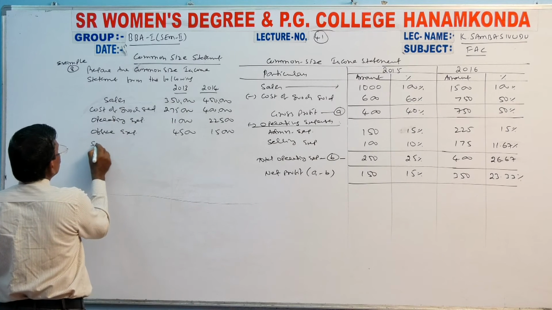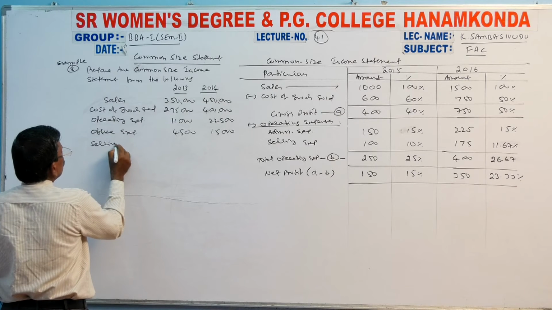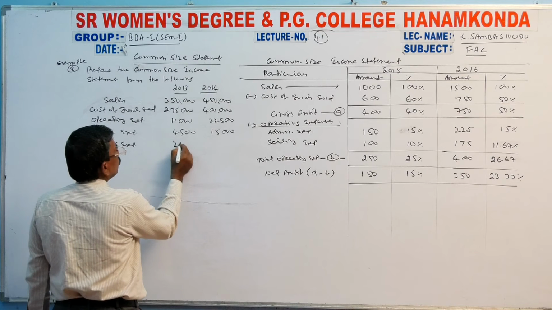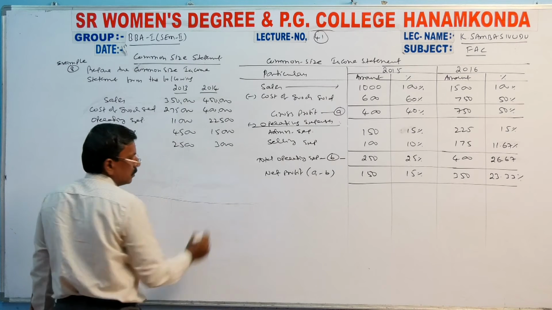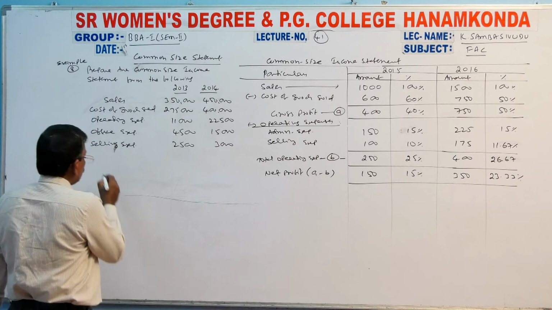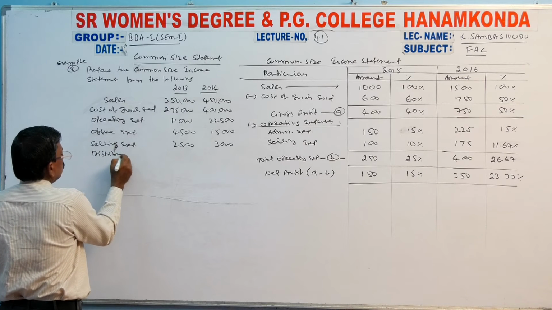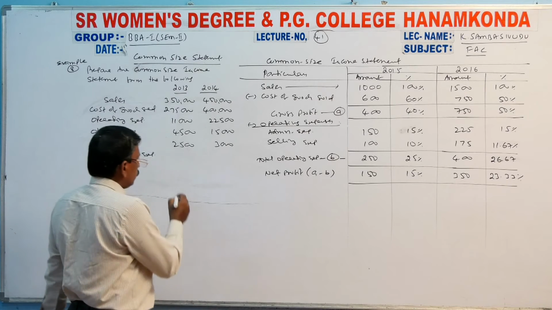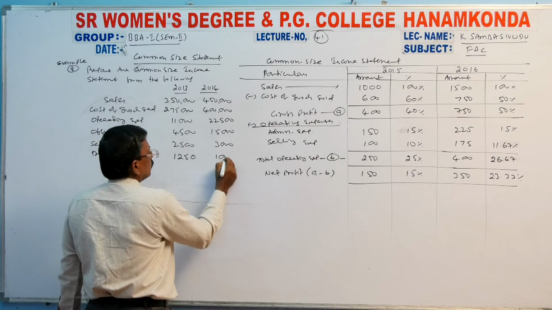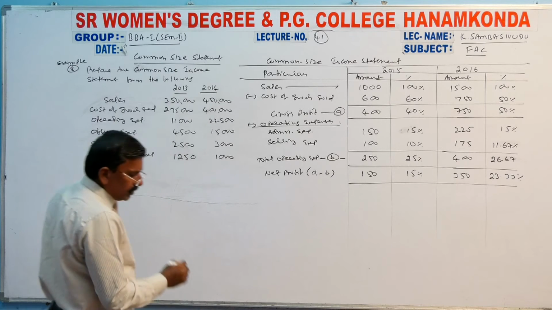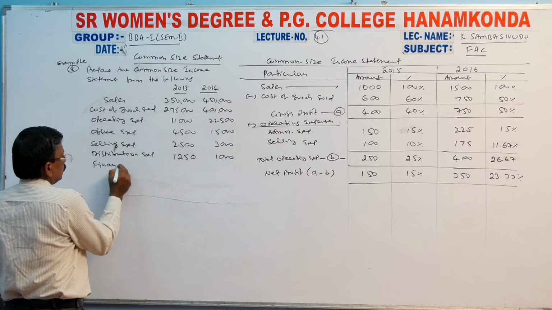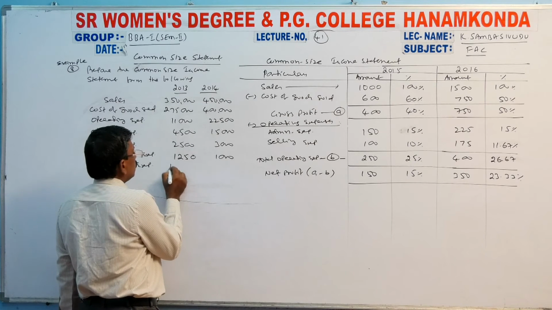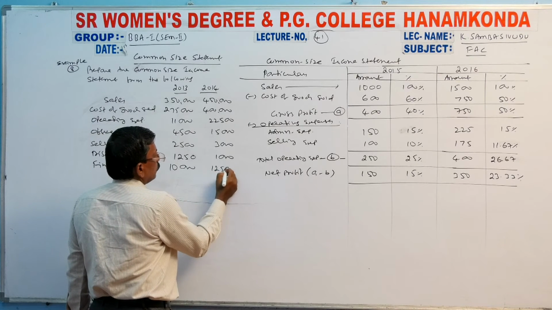Selling expenses 2,500, 3,000. Distribution expenses 1,250, 1,000. Financial expenses 10,000, 12,500.